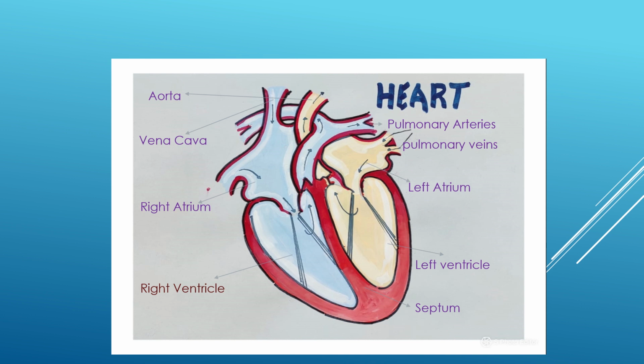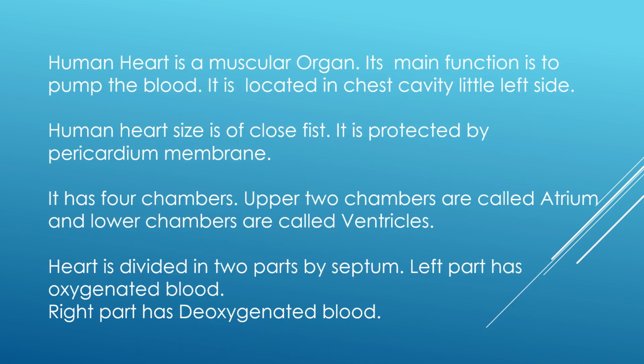When we hear the word heart, a sound comes to our mind: dhak dhak dhak dhak. This sound is produced by the continuous rhythmic contraction and relaxation of the heart, and this is called the heartbeat. The human heart is a muscular organ and its main function is to pump blood.